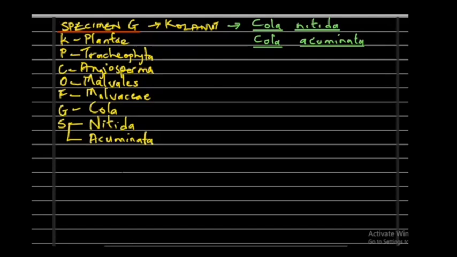The species in this genus are called Kola for the caffeine-containing fruit that they produce.